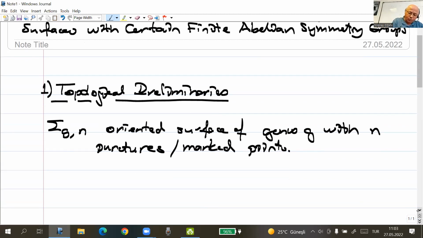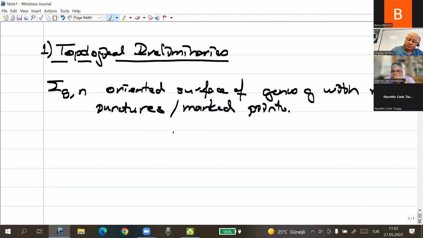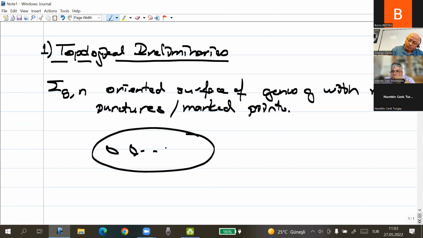Sometimes we will consider them as marked points, sometimes as punctures. So we have something like this: 1, 2, g, and then we have marked points or punctures. So n punctures here, and we have a genus g surface.